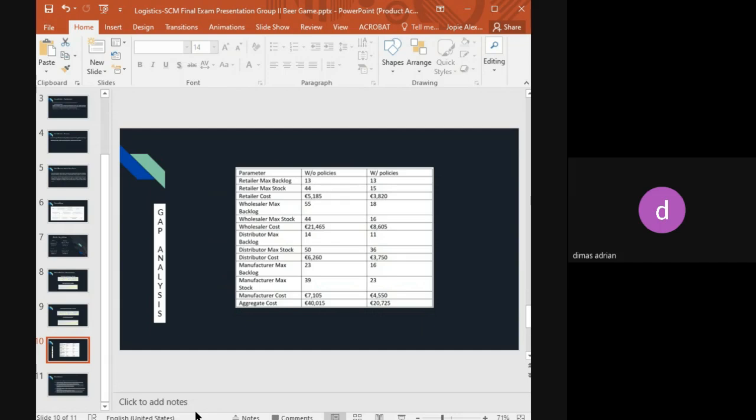And then the number of stocks decreases in the game with policies, as now all stakeholders implement the maximum number of stocks on hand, and this helps to decrease the inventory holding costs. Also, as now the orders are limited, they tend to have a constant number, unlike in the previous game. Also, in the second game, Jopi, can you move one slide backward?